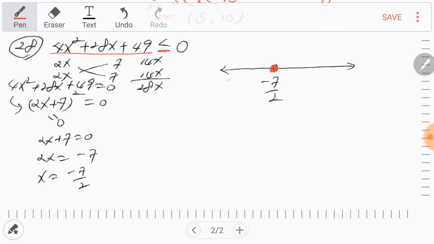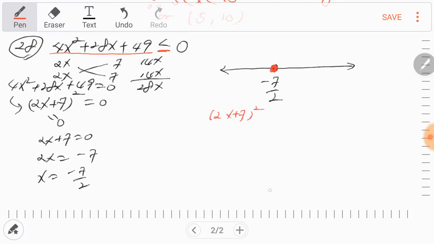So let's check the sign of this y for each interval. There are 2 intervals, so let's try x less than negative 7 over 2. Let's try negative 8 over 2.